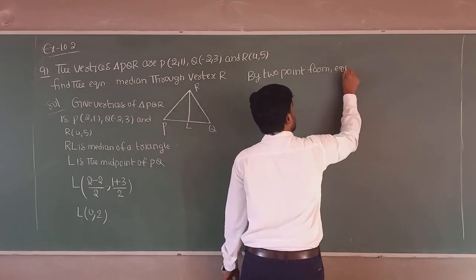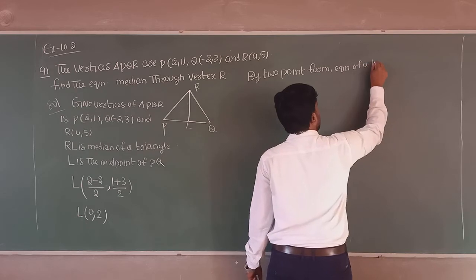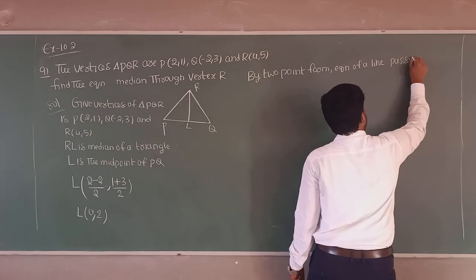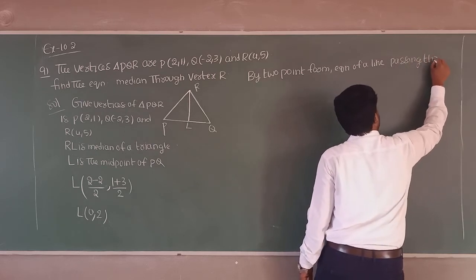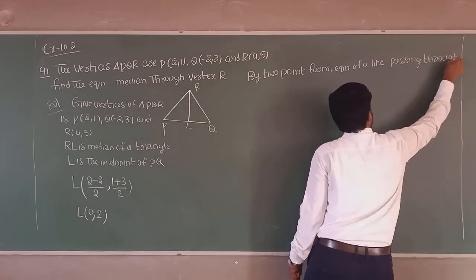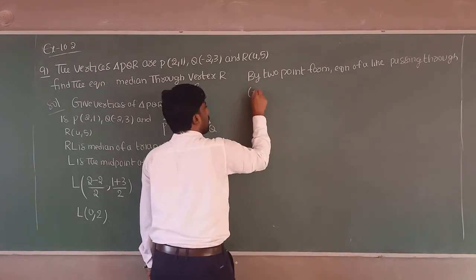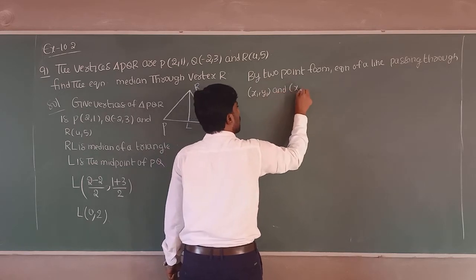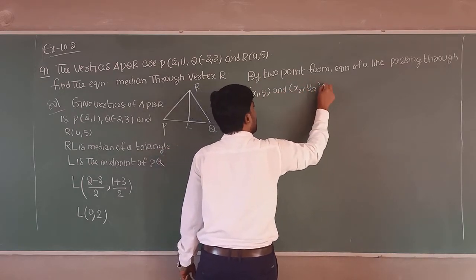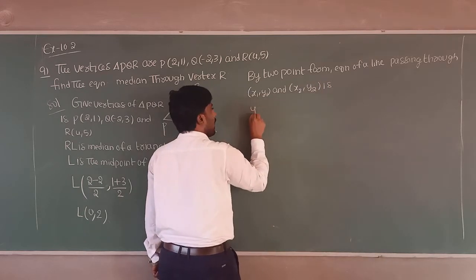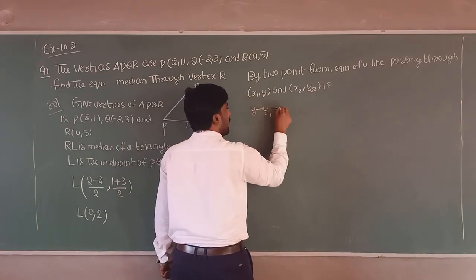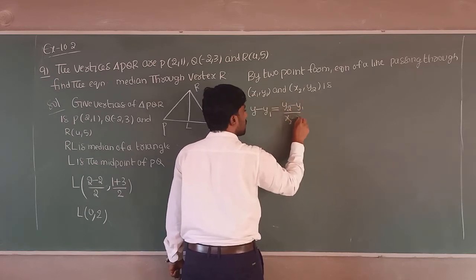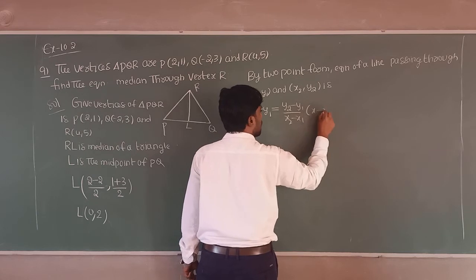The equation of a line passing through x1, y1 and x2, y2 is y minus y1 equal to y2 minus y1 by x2 minus x1 into x minus x1.